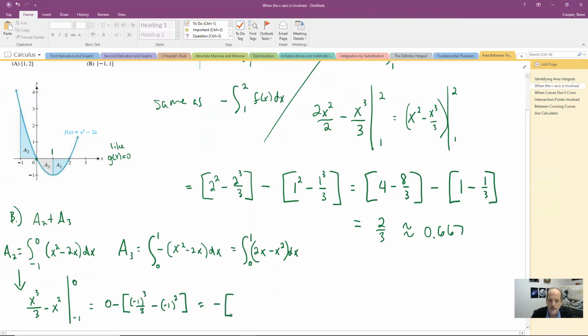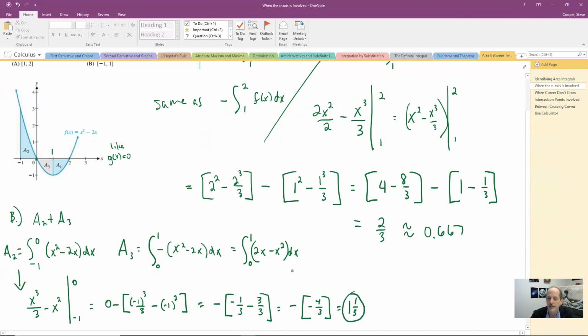So that equals the opposite of negative 1/3 minus 1, which is 3/3. So it's the opposite of negative 4/3. So that would be positive 1 1/3. Okay, so that's A2.